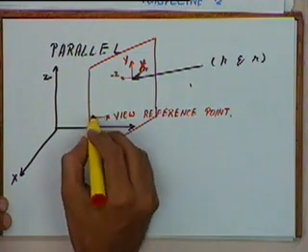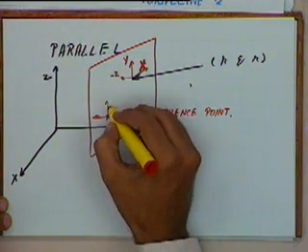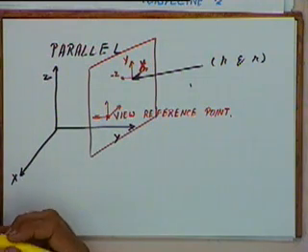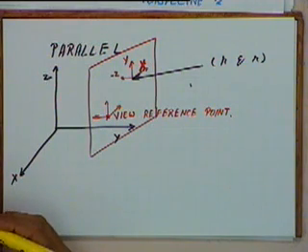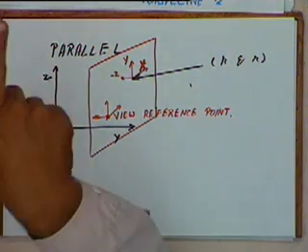So we will get a z this way, a y this way, and an x this way. Normally the direction into the screen is generally taken as the minus z direction. There is no hard and fast rule about that. You can also take it to be plus z. Any questions up to this point?